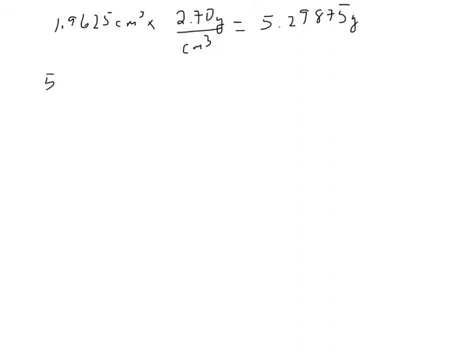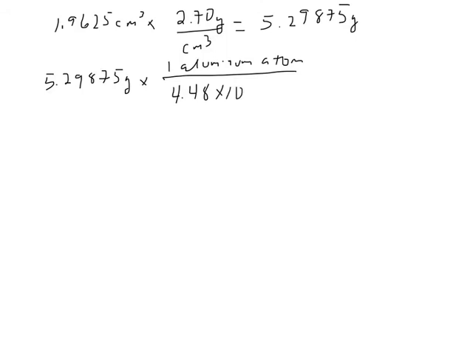Then I take that number and convert to aluminum atoms. So 5.29875 grams times one aluminum atom had a mass of 4.48 times 10 to the minus 23 grams.